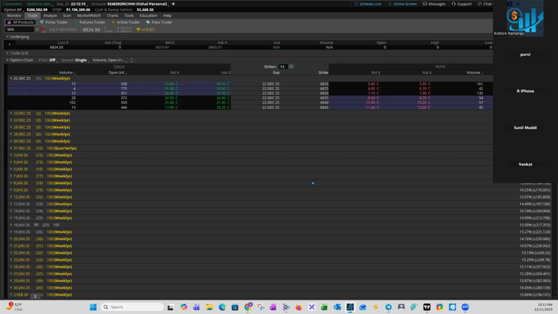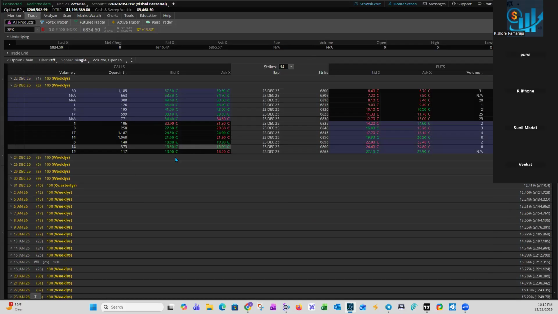Let us say tomorrow we are expecting SPX to drop, or we see a bearish tag. Then if you want to close on the same day, you can take 22nd, or you can always go for 23rd December. If you want low risk, go for 23rd December.